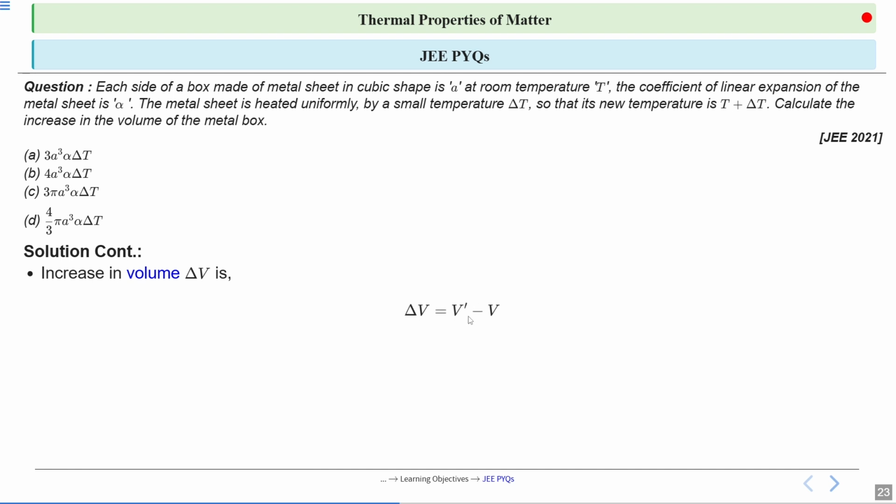Final volume means after heating, V prime, and before heating the volume is V. So it will be A cube plus 3 A cube alpha into delta T minus A cube. So delta V is equal to 3 A cube alpha into delta T. This is the increase in volume.